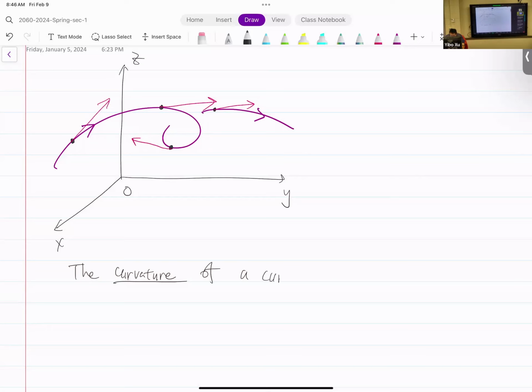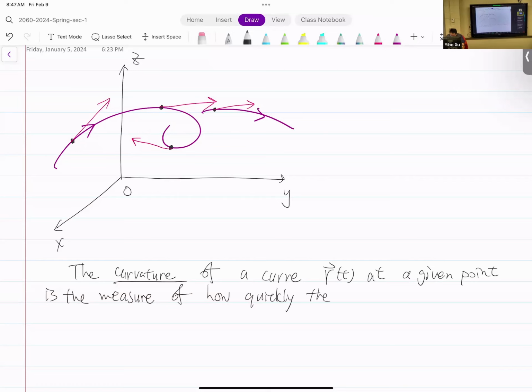So here, the curvature of a curve r(t) at a given point is the measure of how quickly the curve changes direction at the point.